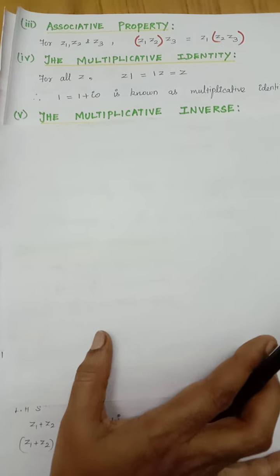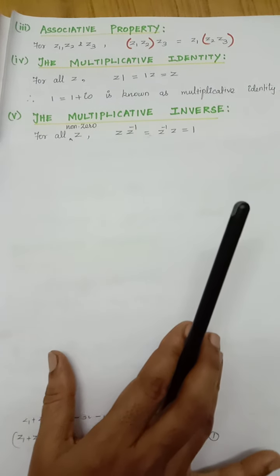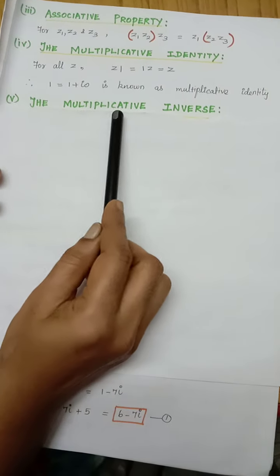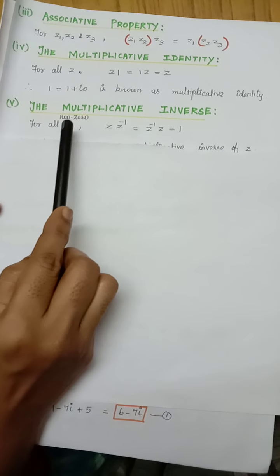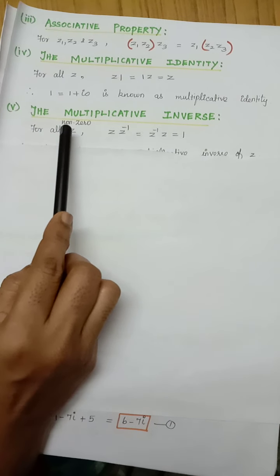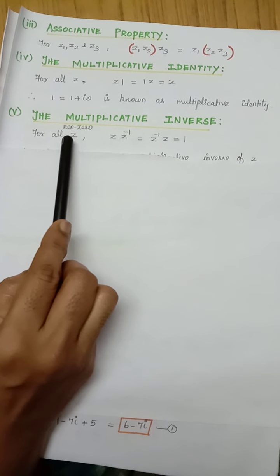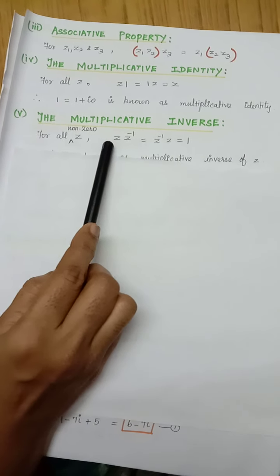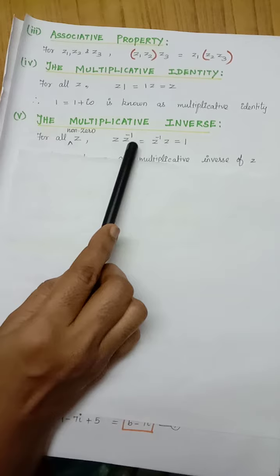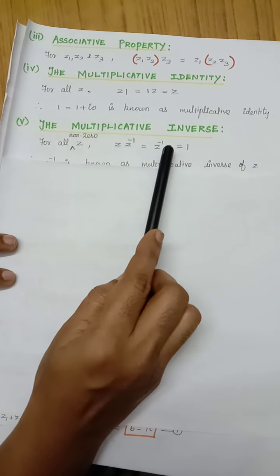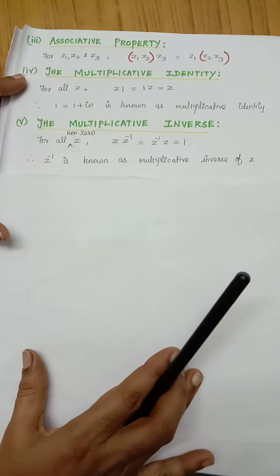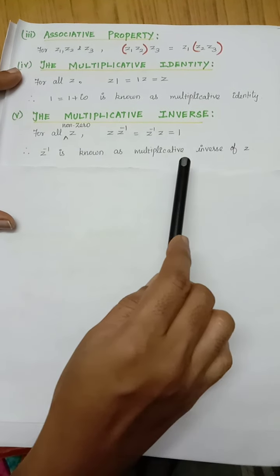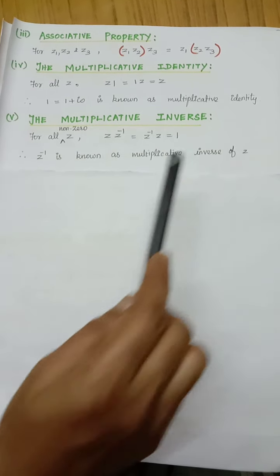The next one, the multiplicative inverse. For all non-zero complex numbers z, z into z inverse is equal to z inverse into z is equal to 1, which means this z inverse is known as the multiplicative inverse of z.